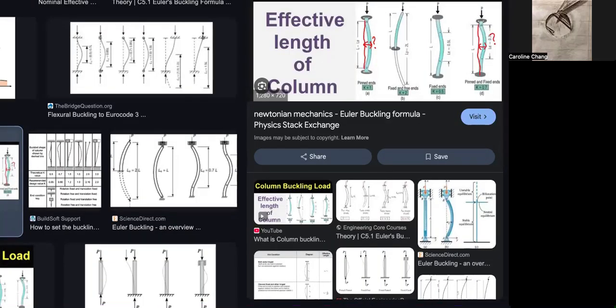So from this physics stack exchange, we can see that the L effective for two pinned ends is basically just L, the length of the beam. For a fixed and free end, the L effective is going to be equal to 2L. For two fixed ends, the L effective is going to be 0.5L. And for a pinned end and a fixed end, the L effective is going to be 0.7L.